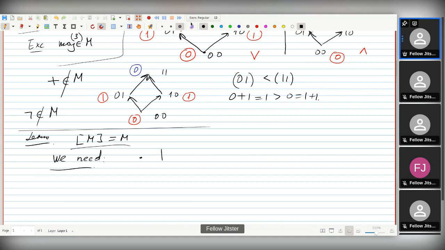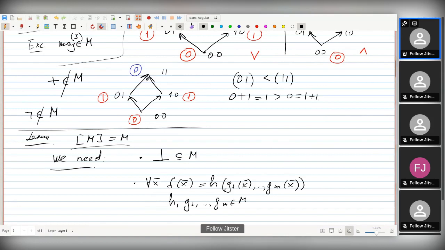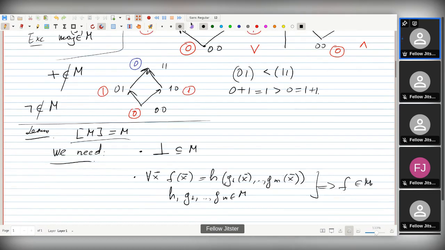Every projector is monotonic, and that monotonicity is preserved via superposition: if some function is obtained from a few monotonic functions this way, if H and all our G's are monotonic, then the resulting function F must be monotonic as well. Let us check these two things.